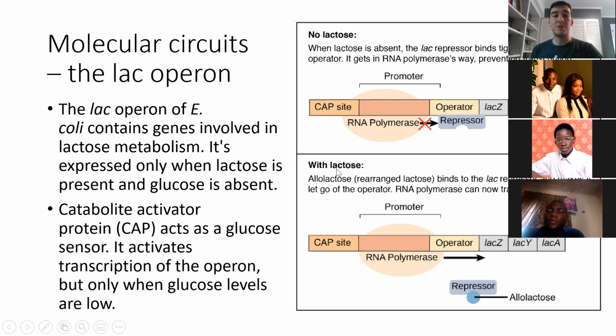However, if lactose is present, it binds to this repressor and blocks the repressor from binding to the operator. And so then RNA polymerase can proceed and turn on these enzymes that will then be able to degrade the lactose and use it as an energy source.